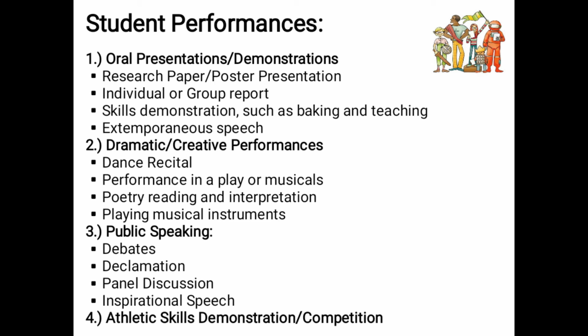Specifically, research paper or poster presentation, individual or group report, skills demonstration such as baking and teaching, and lastly, the extemporaneous speech. These are the four oral presentations, and I am sure that we are all familiar with these activities.